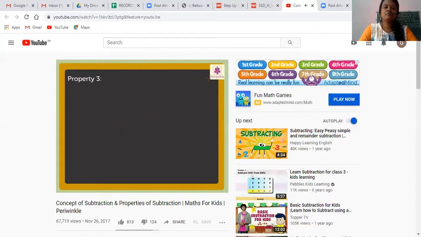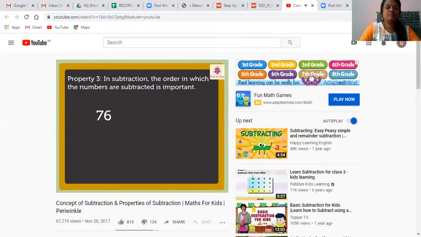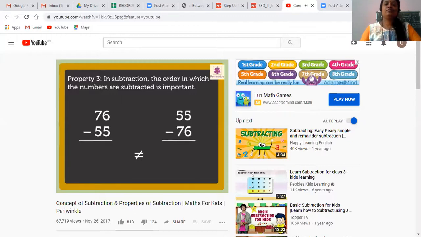Property 3. In subtraction, the order in which the numbers are subtracted is important. Let us take the numbers 76 and 55. When we subtract 76 minus 55 and 55 minus 76, we do not get the same answer.